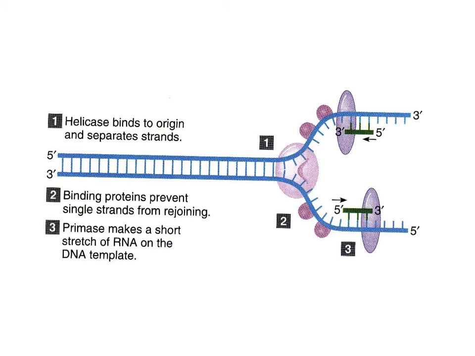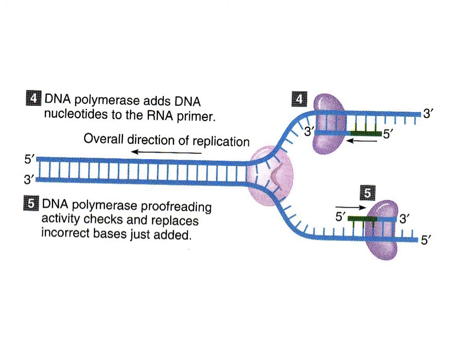And so once the DNA polymerase 3 comes in, we'll see which direction it's going to continue adding onto that strand of DNA. Here, the DNA polymerase 3 comes in, that purple jelly bean looking thing, and adds DNA nucleotides to the RNA primer, all while proofreading as it goes along.